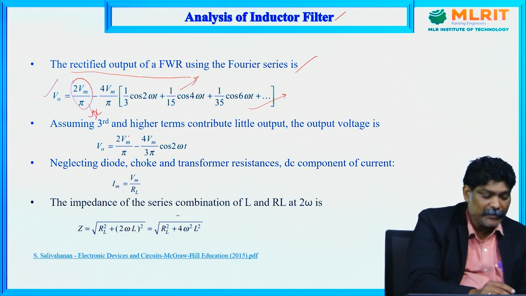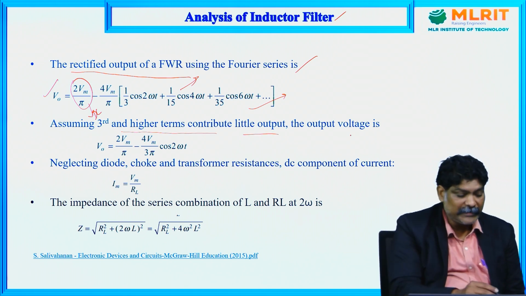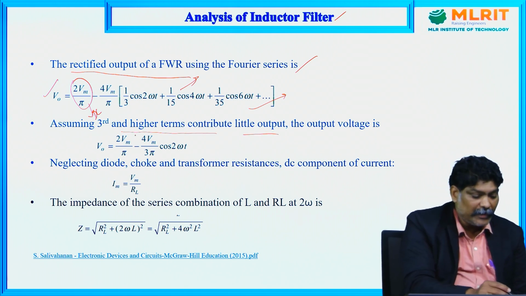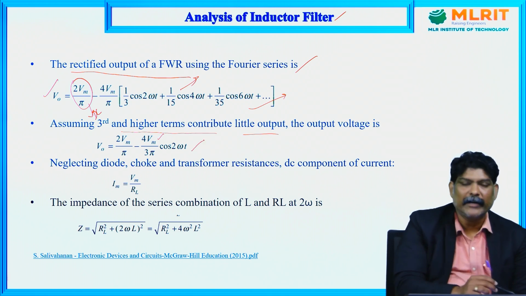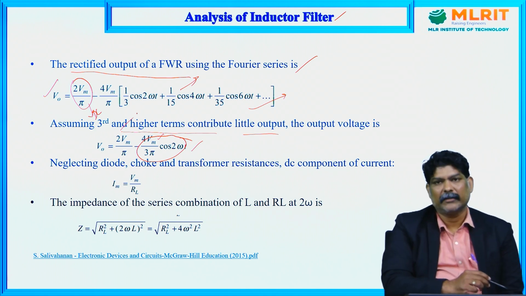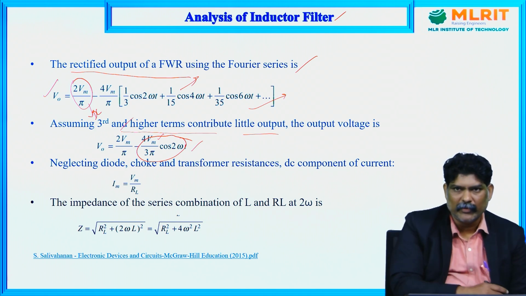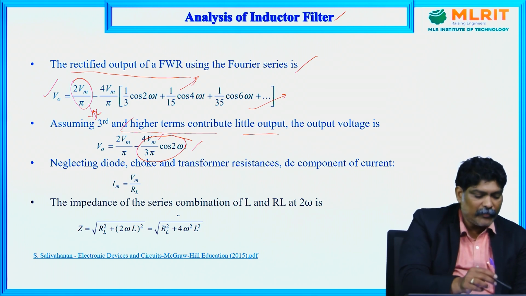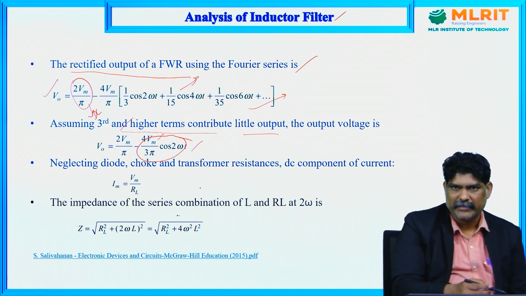Assuming the third and higher terms contribute little, the output voltage is V0 equals 2 Vm by pi minus 4 Vm by 3 pi cos 2 omega t. We consider only this term, since the third and higher order terms contribute only a little voltage. Here we have to neglect the diode resistance, choke resistance and transformer resistance.